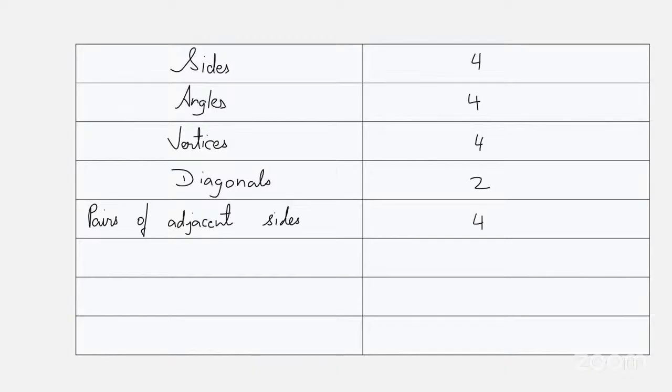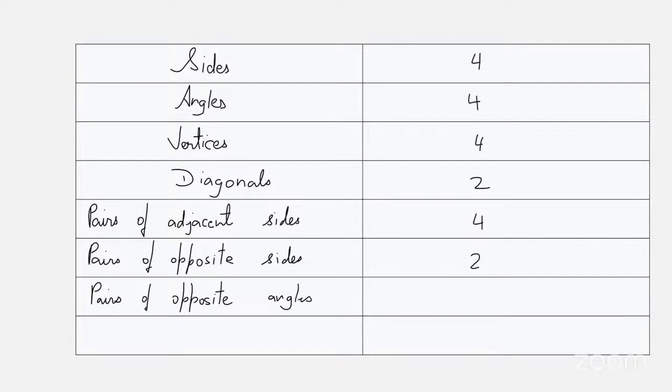Pairs of opposite sides: two. Pairs of opposite angles: two. And pairs of adjacent angles: four.